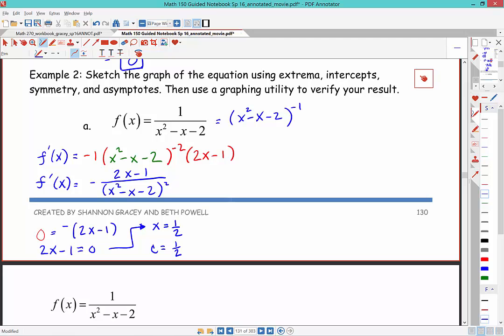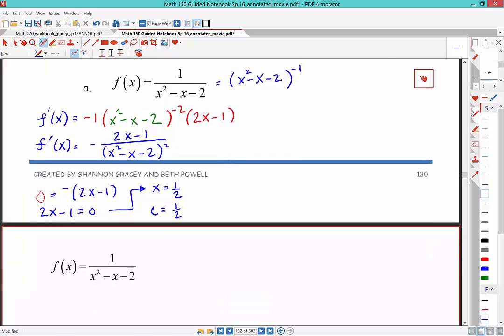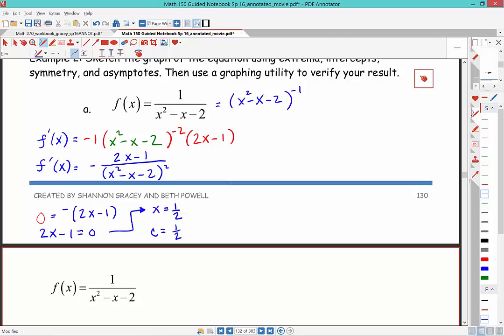Okay. Now our second derivative is going to be a little more complicated. I think it'll be a little bit longer, so I don't think that we will do it right there. So let's do this.